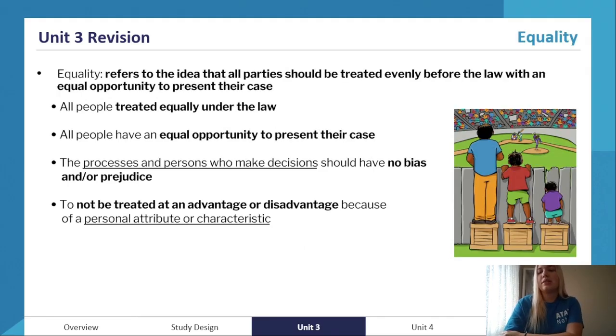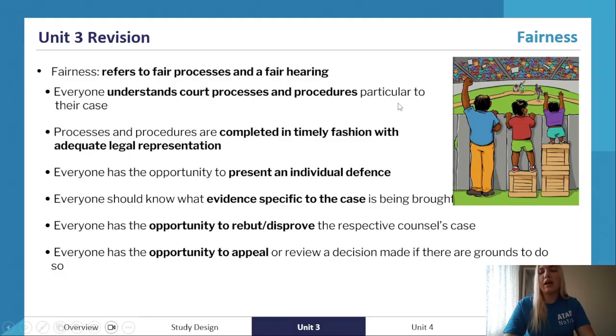Now, notice the difference with equality. So, fairness is different in that if someone has a disadvantage, this disadvantage is amended. So, see how all of these kids, even the short kid, can see the baseball game.